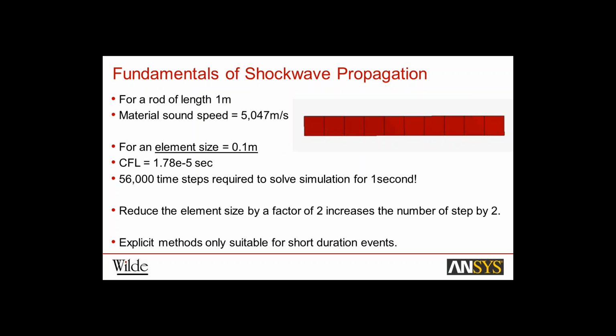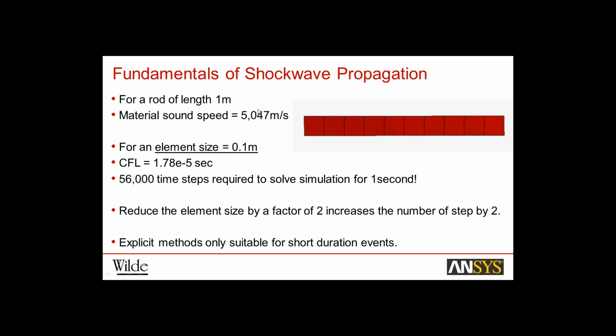So I'm just going to put some numbers to that equation. What we have here is a very simple example which shows a rod. It's of length 1 meter. It's built in on the right hand side, and we have a constant load applied to the left hand side, compressing the rod over time.